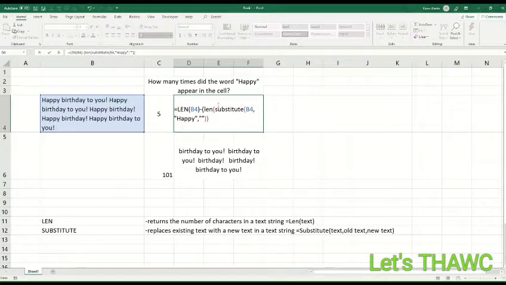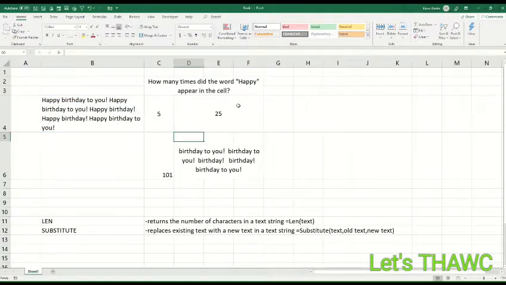This will already give you the number of characters when we have taken out the word happy in the cell. So you have your 25, but we only have 5 instances.